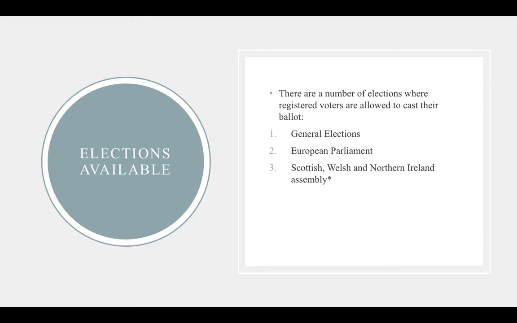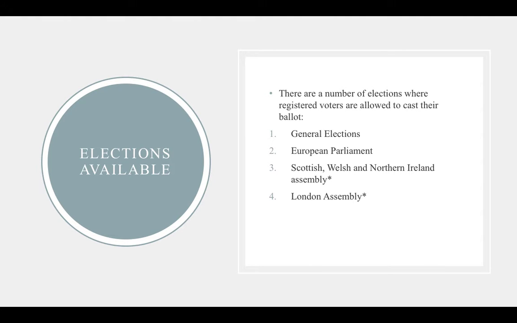There are also elections to the Scottish, Welsh and Northern Ireland assemblies, so the Scottish Parliament and the Welsh and Northern Ireland Assembly. There's a little asterisk next to that because specifically the electorate within those areas are the only ones that are allowed to vote in those elections. So we'll talk about that in a minute.